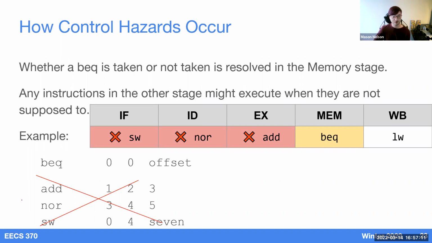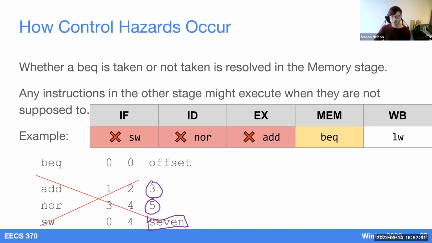And if they were to execute, then looking at what it's modifying, it might modify register 3 to be incorrect, and then register 5 to be incorrect, and then it might update some value in memory to be incorrect. And we don't want that to happen. It was never supposed to execute. It's supposed to go somewhere else. And so this is going to be called a control hazard.